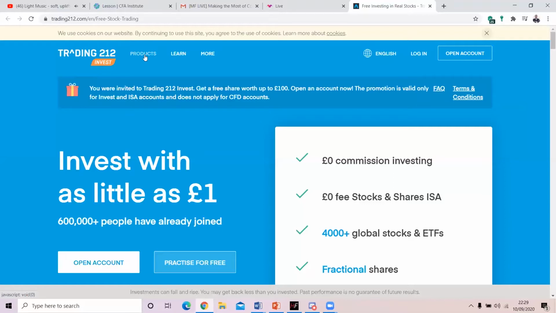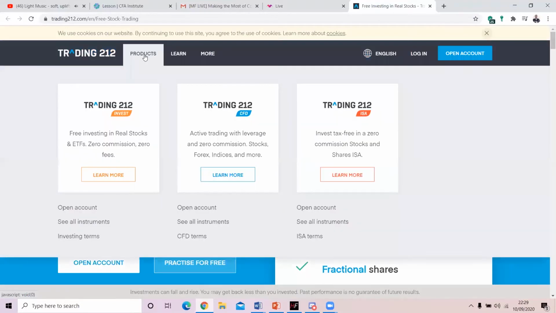There's Trading 212 for Invest, Trading 212 for ISA accounts, and then Trading 212 for CFD. You can see it on my screen.